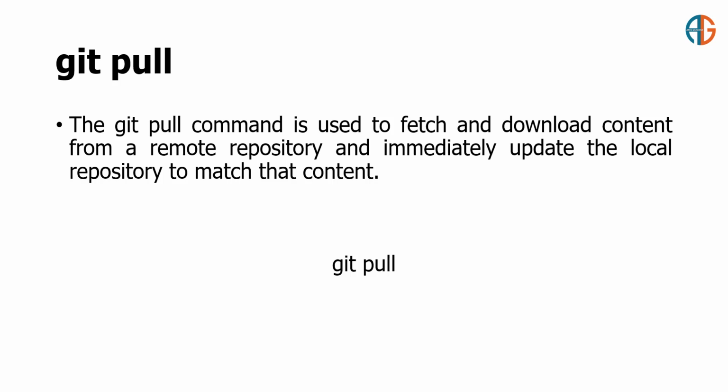If you need to download or fetch a file from GitHub to Git, you can use the pull command. So these are some of the basic commands which we will be using in this session for creating the first project. Now over to the project creation.